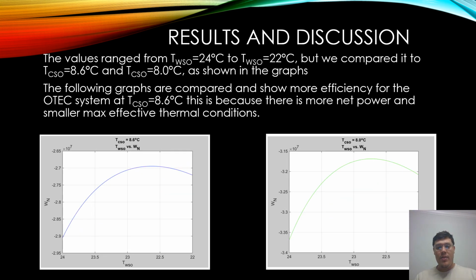On the graph shown below, again, the values range from 22 degrees to 24 degrees Celsius and compared to that of the 8 degrees Celsius to 8.6 degrees Celsius. These graphs show work compared to temperature. The following graphs were then compared and showed that, again, the 8.6 degrees Celsius system was more efficient because there is more net power and the smaller max effective thermal conditions applied onto the system.